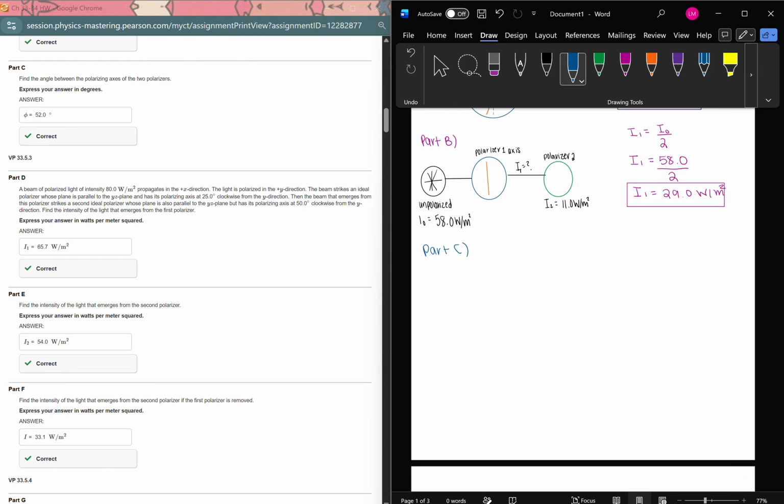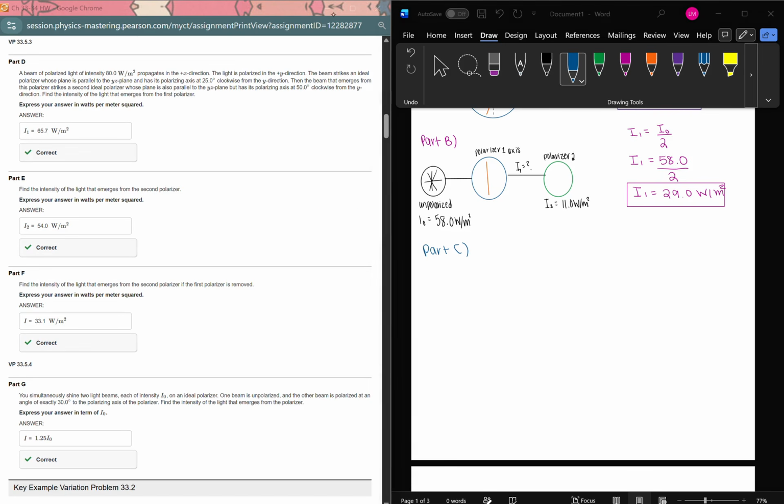We're gonna use the same diagram, in which the first polarizer produces the polarized light intensity, and then the second polarizer is rotated by the angle theta, and the light leaving the second polarizer has intensity I2.